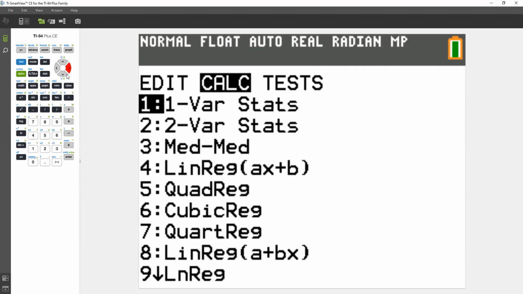You're always going to use number 4. We're eventually going to do quadratic regressions and things like that, where we'll use number 5, and we'll use 1-variable statistics and 2-variable statistics. But right now, all that we're doing is linear regression. So we want number 4. Go down to number 4 and hit enter.